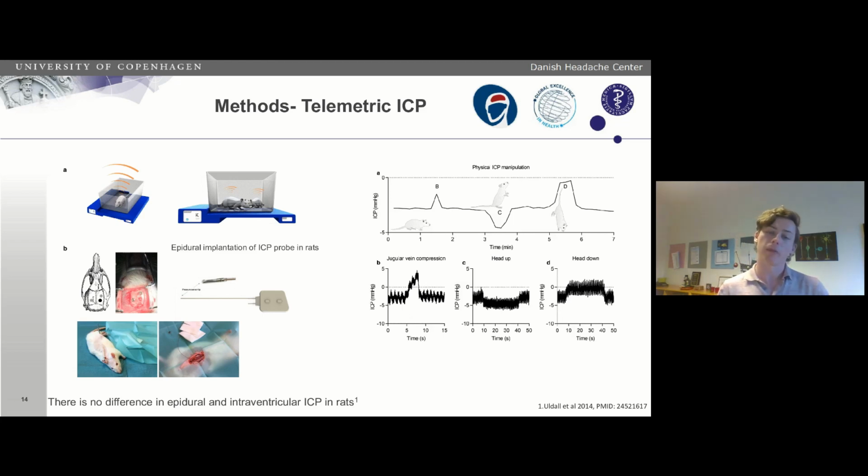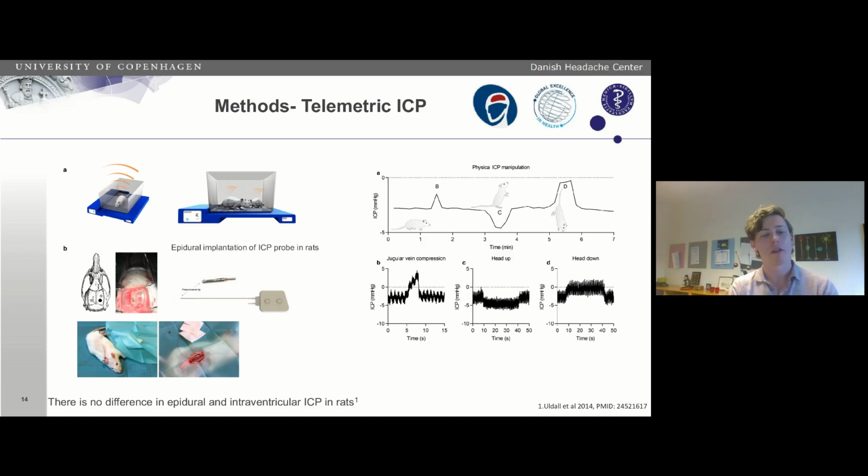This box transmits the ICP information to a smart pad, which the rodents reside on. We implant this small box into the abdomen of the rodents. So it's fully internal. The rats can't fiddle with it, because rats quite often like to open things up if they find something that's not quite right.